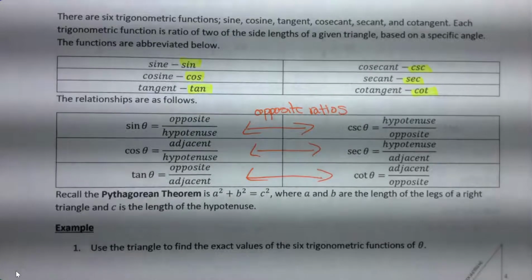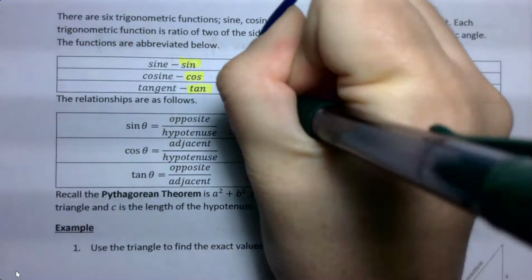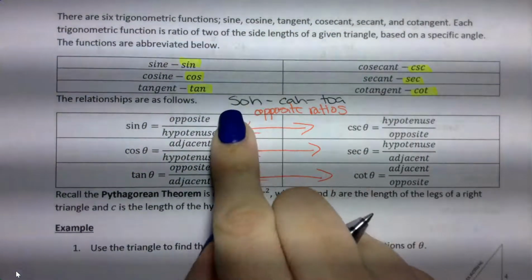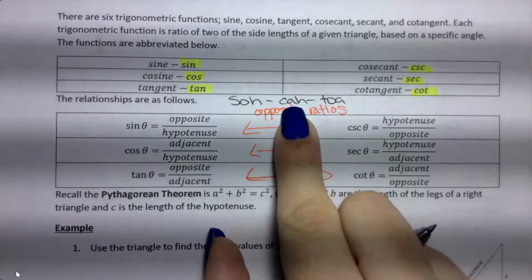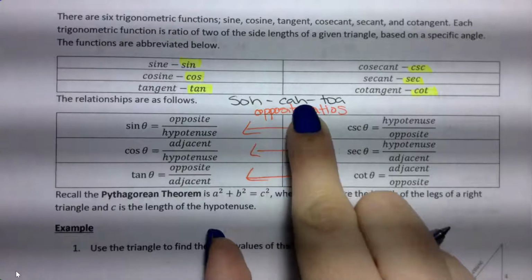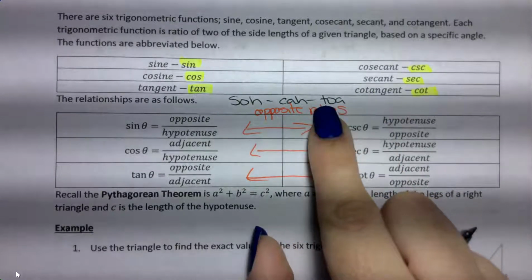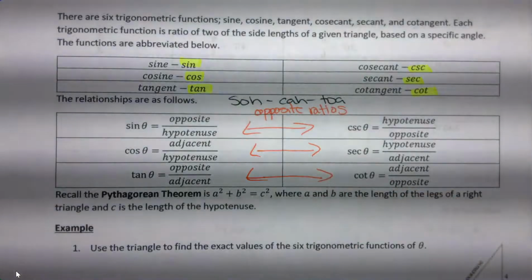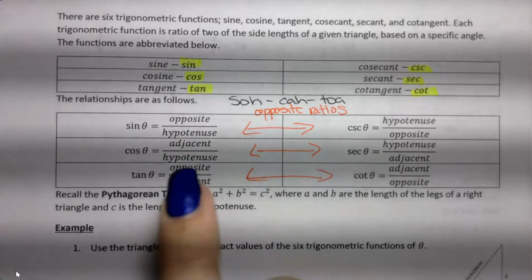And this was SOHCAHTOA. S stands for sine, O stands for opposite, C stands for cosine, A stands for adjacent, H stands for hypotenuse, T stands for tangent, O stands for opposite, A stands for adjacent. And again, I would just need to remember that the reciprocal ones are the ones that match up.